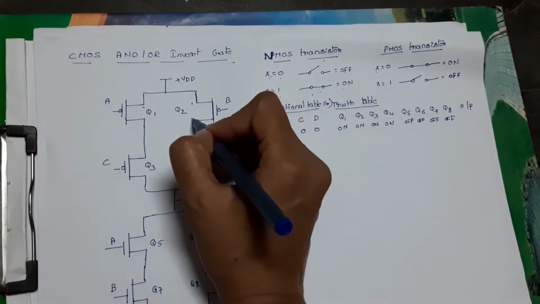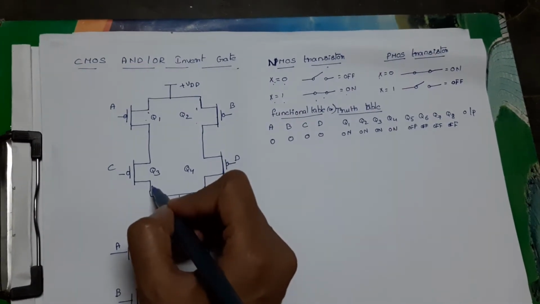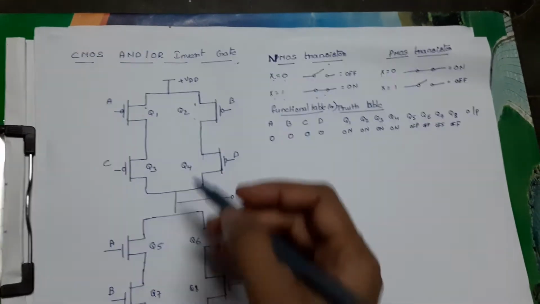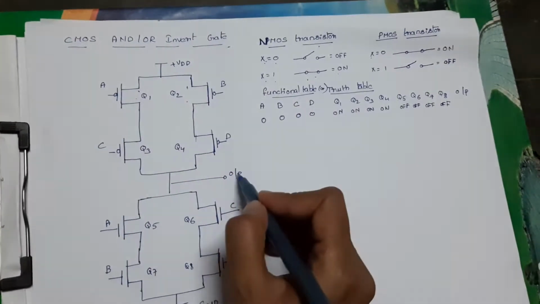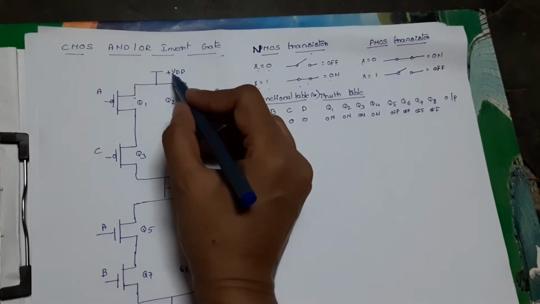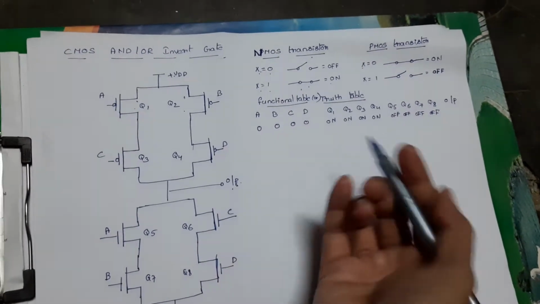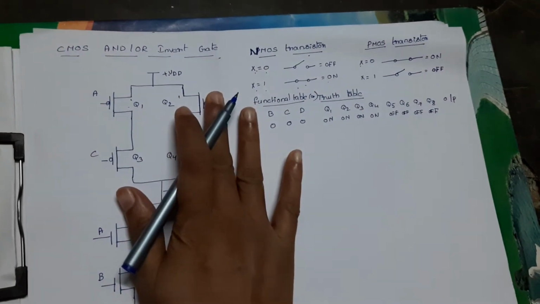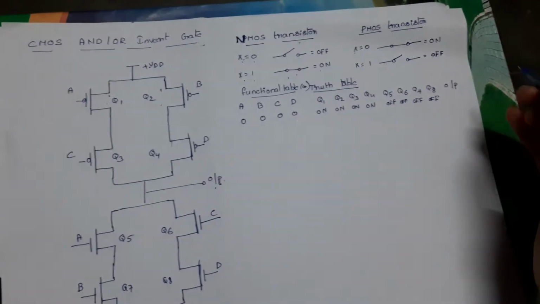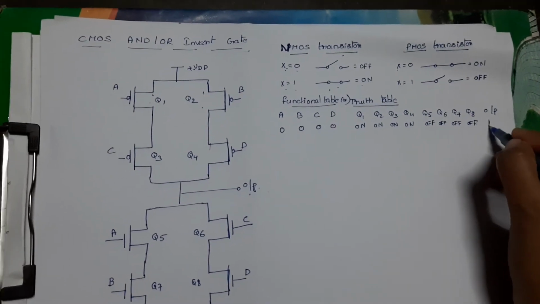Q3 transistor is also closed circuit, Q4 transistor is also closed circuit. Closed circuit means that from the plus VDD to the output terminal, all the transistors are in closed circuit only. Then we can say that the output is 1 here. So the output is going to be 1.